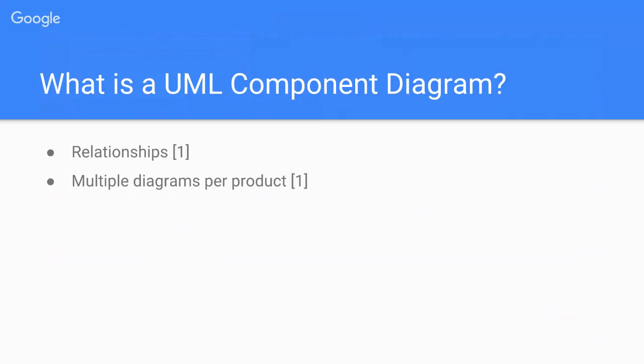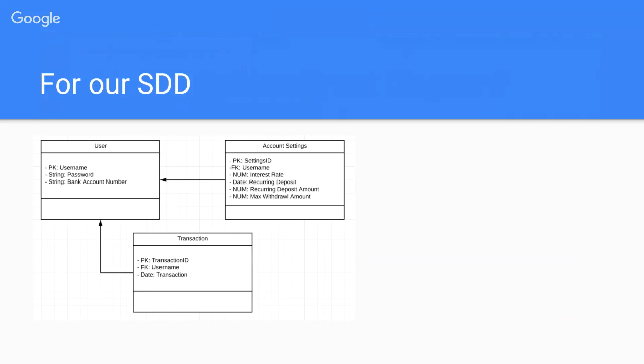We'll show you an example of that in a little bit, but you could have a component diagram specifically for the database that shows the tables that will be necessary in the database. And then you can also have an overall UML component diagram that describes the whole product, like how the client interacts with the server, that interacts with the database, etc. We'll show you an example here in just a second on the next slide. So go ahead and go to the next slide.